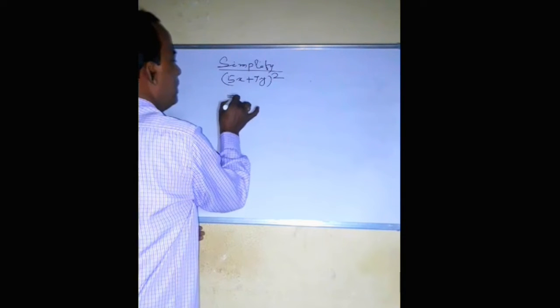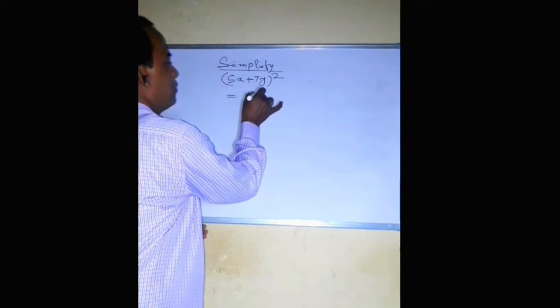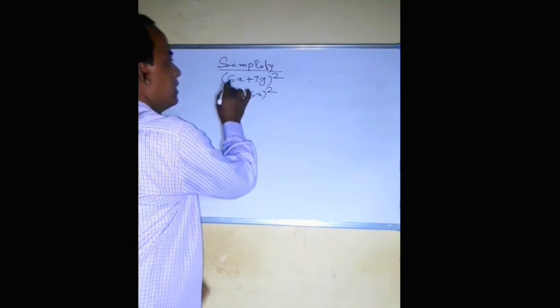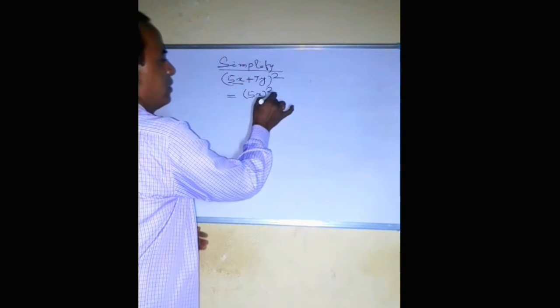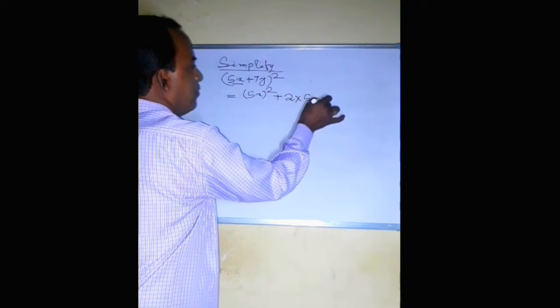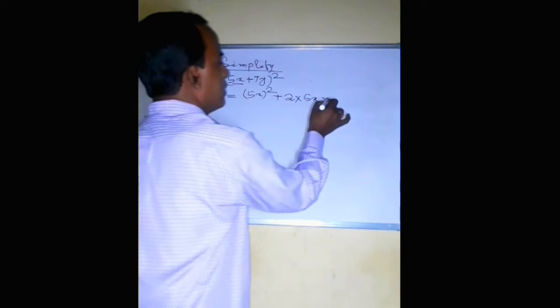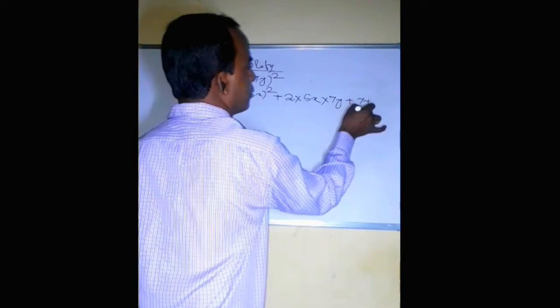Simplify means we only have to apply the formula directly. So that's equal to first term square. Here the first term is 5x, so first term square plus 2 into first term 5x into second term 7y plus second term square.